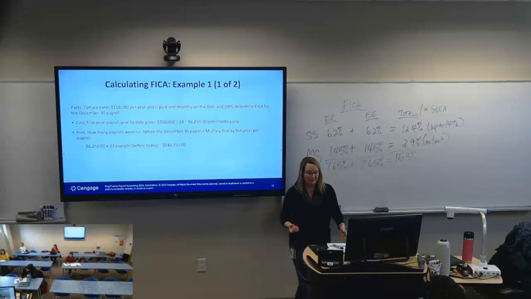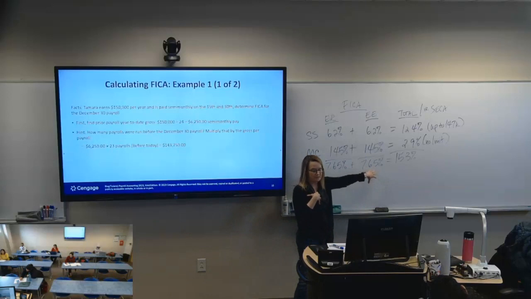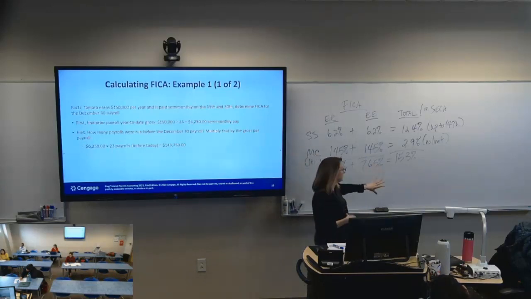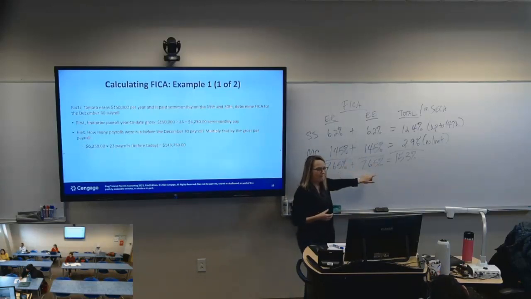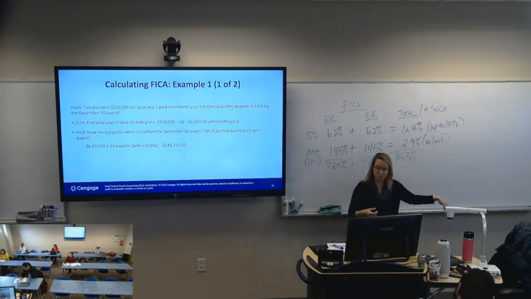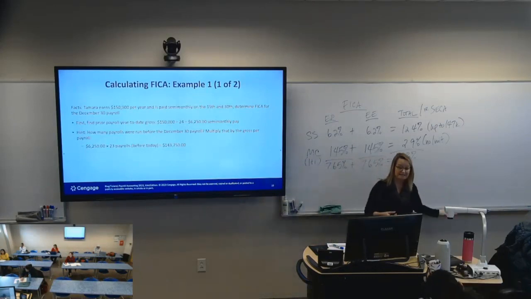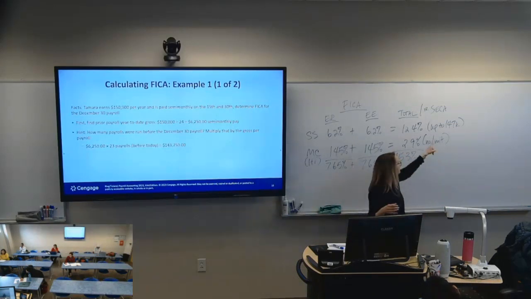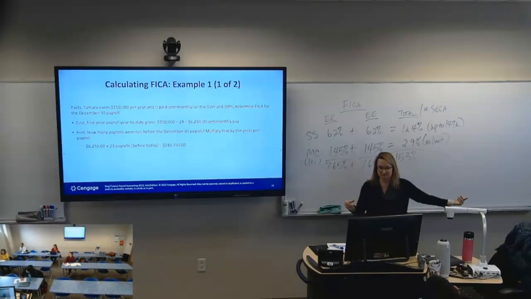Well, now my income earned as an employee is going to be subject to FICA. My income earned as a self-employed individual is going to be subject to FICA, but now 100,000 plus 75,000, I'm over that 147,000. So not all of my self-employment income is going to be subject to FICA tax.